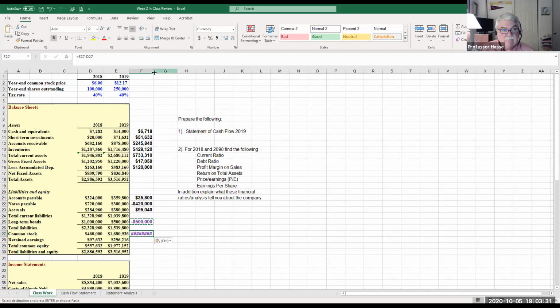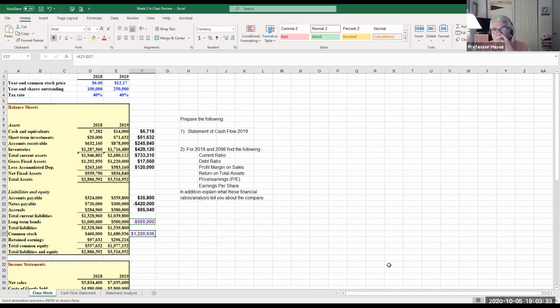There we go. $1.2 million of cash coming into this company by the issuance of additional equity in the market. That's the book value of the stock that was issued. So equity position increased this year because we issued more stock. Now I know where they got the money to pay off this debt: from the stock issuance. We'll talk about that later.